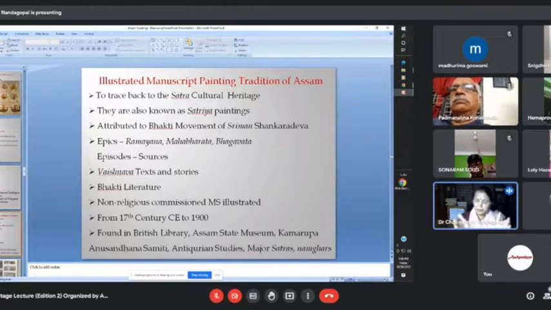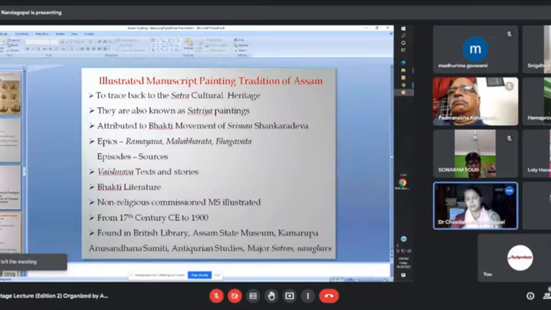They are all attributed to the time of Bhakti movement, which was taken forward by Sriman Shankaradeva. He is a great reformer, artist, and Vaishnava. He took Assam into Vaishnava tradition, almost engulfed. Assam was engulfed in this period in the Bhakti movement.